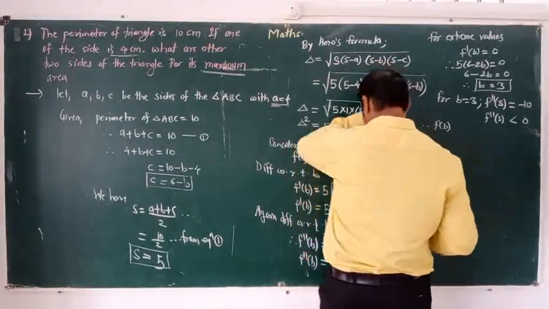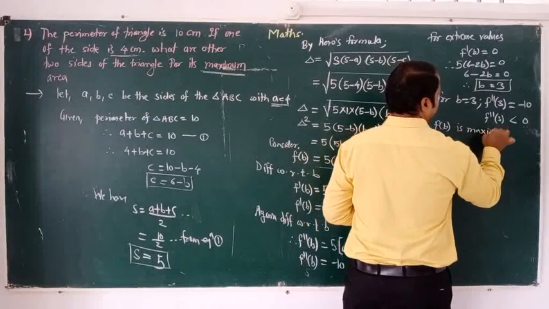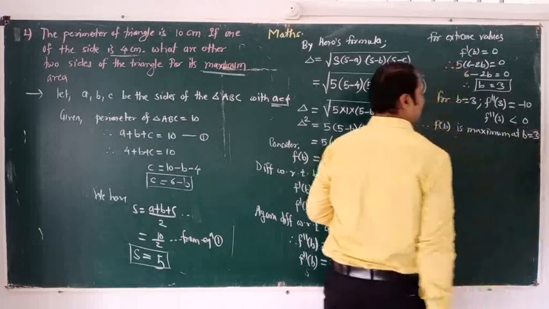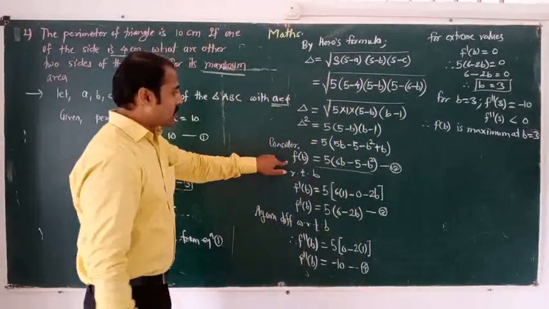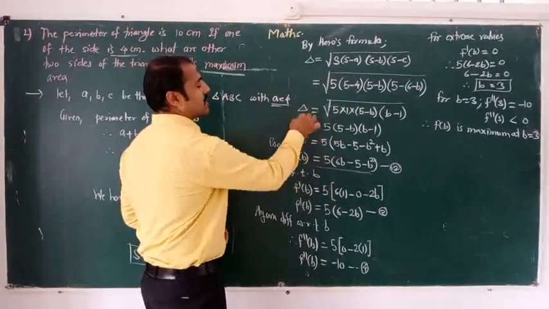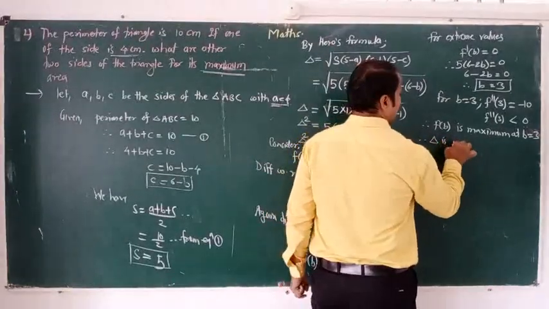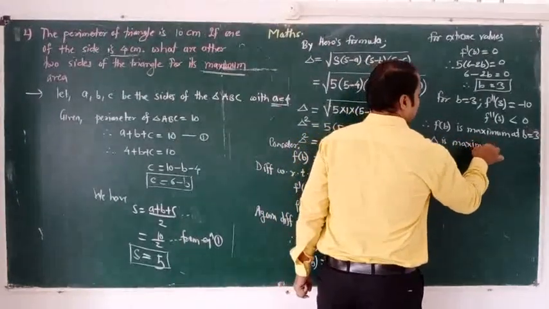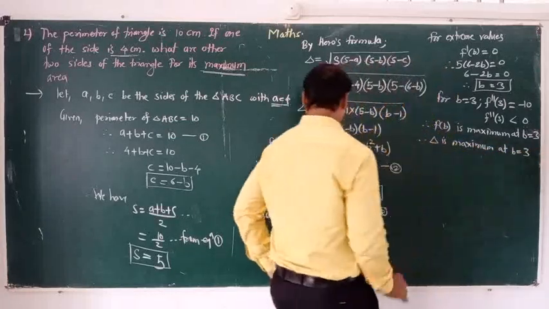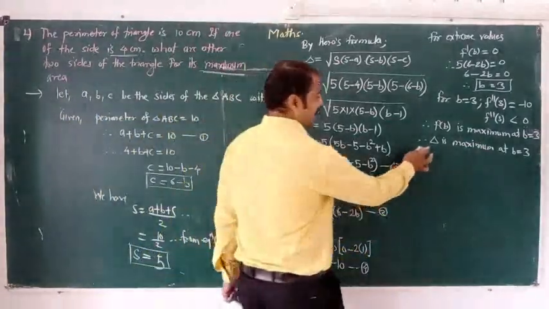By the second order derivative test, f of b is maximum at b is equal to 3. f of b is delta square, and delta square is nothing but delta, which is the area. Area is maximum at b is equal to 3.